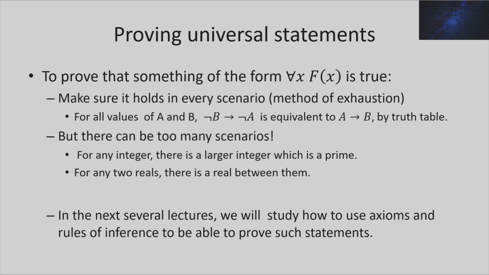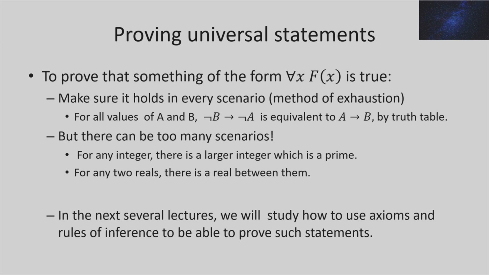So no matter what A and B are, when we are talking about A and B being true or false, not B implies not A is equivalent to A implies B. You could look at the truth table of both of them, check that those truth tables are the same, and conclude that that equivalence is indeed true. But you know what? Here we are only talking about 4 possibilities, because each of them can only take the value true or false. But there can be way too many scenarios to consider.